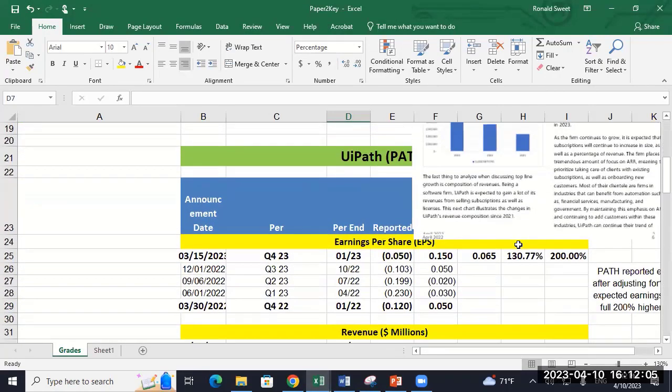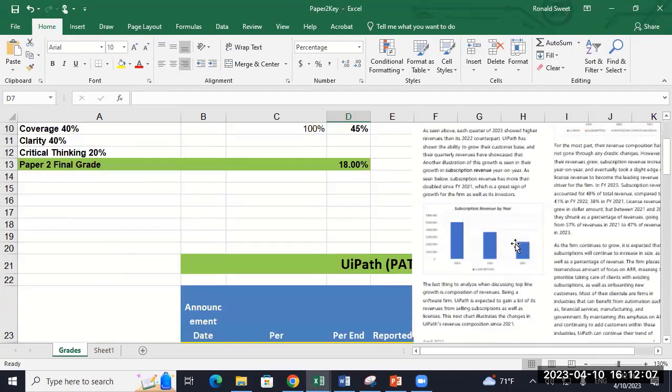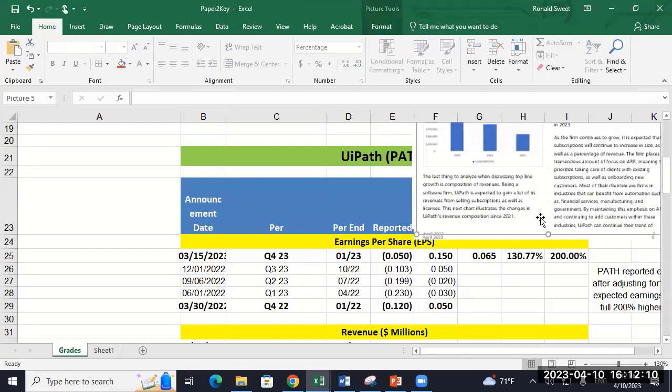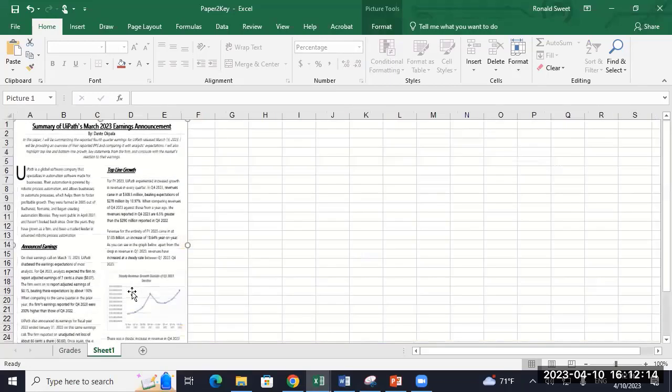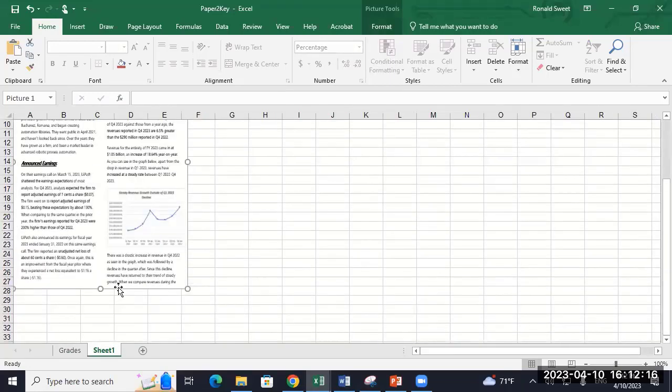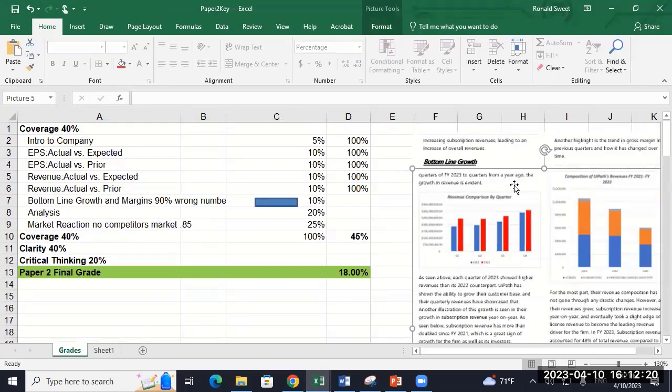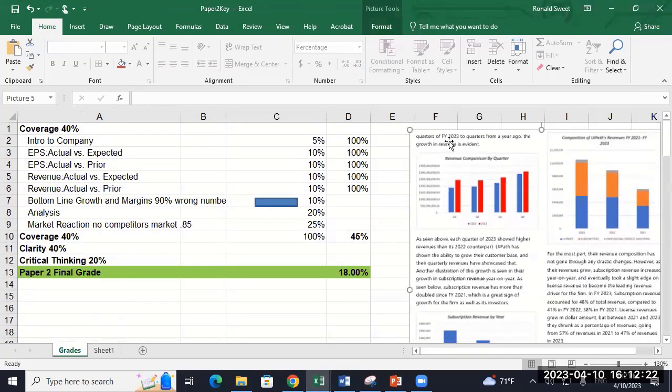Is this the second page? Page 2, I think. How do we get to the page where he is? When we compare revenue during the quarters of full year 23 to quarters of the prior year. Okay, so he decided to do quarter versus quarter.